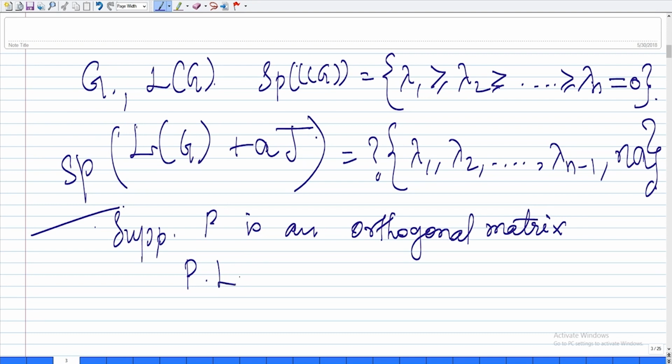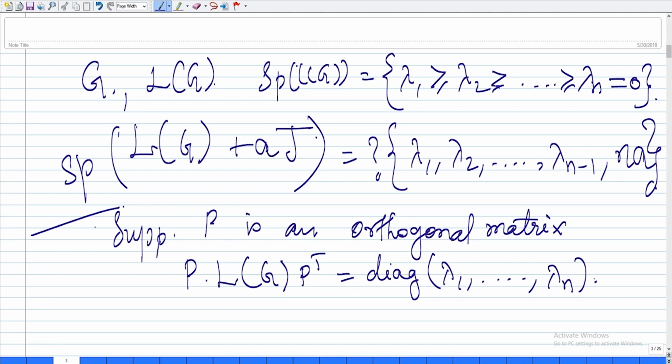So, we know that P L(G) P transpose, or P inverse, is nothing but the diagonal matrix of lambda 1 to lambda n, right. In that order, we will fix this order. If you fix the vertices accordingly, you can see that it will be this order. Now, what can I say about J times P matrix? Let me also be specific about what kind of P matrix I want to choose.